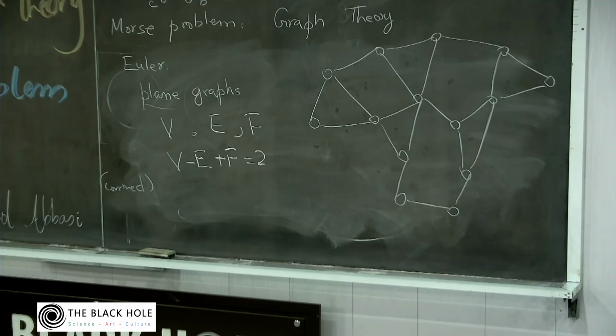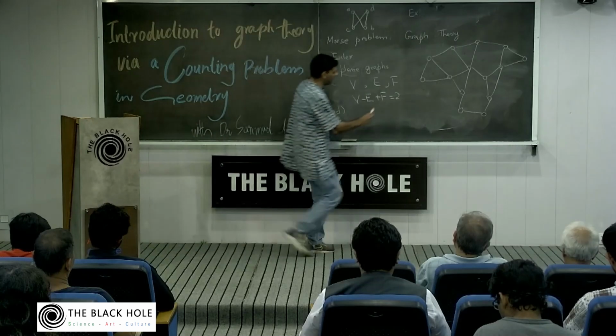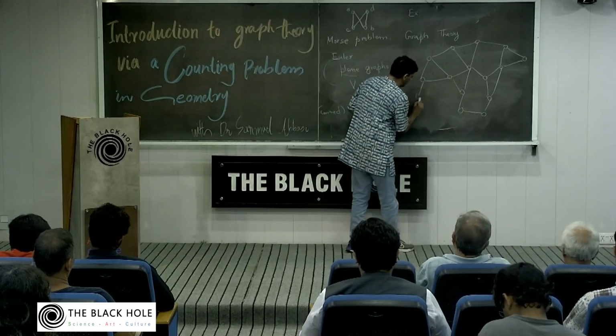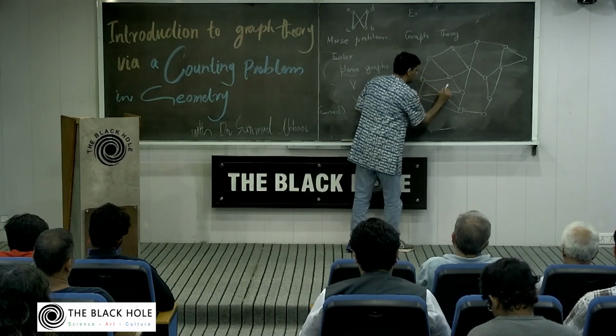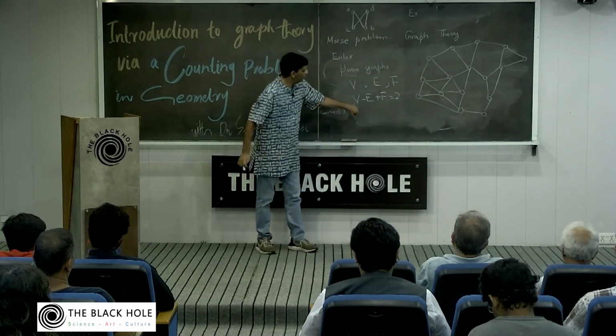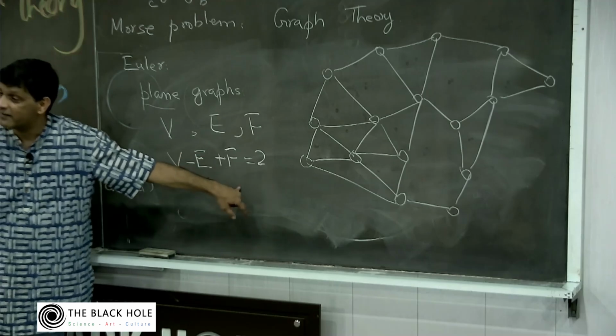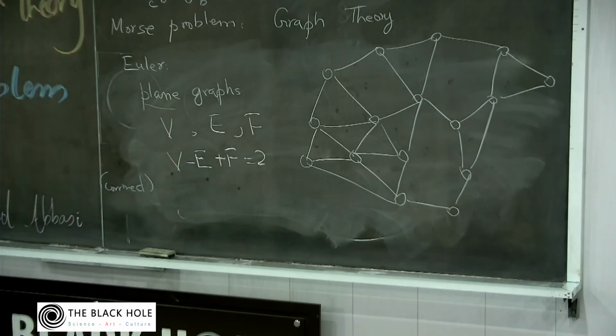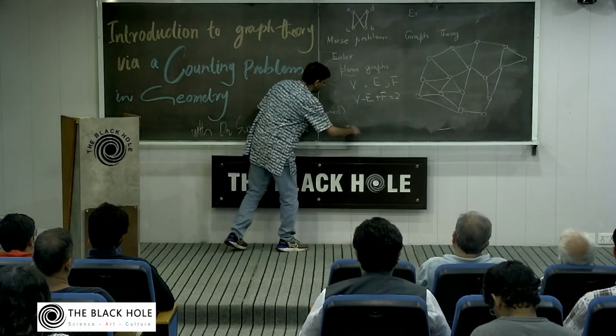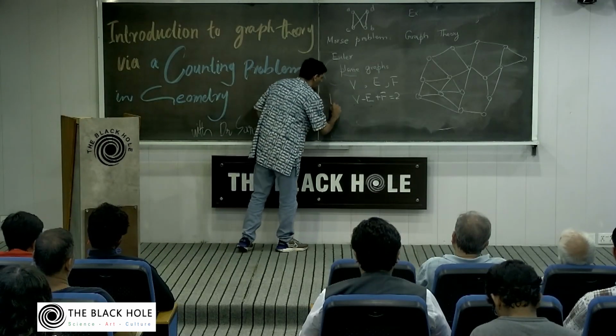If the graph is not connected, it's not true, but that's a minor detail. We can ignore it for now. So even if I have a more complicated planar graph, the number of vertices minus the number of edges plus the number of faces will always remain true. So let's call this thing the Euler quantity.